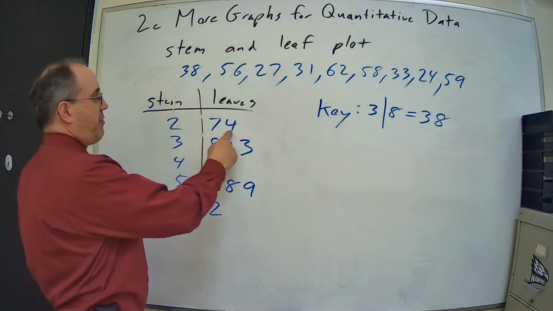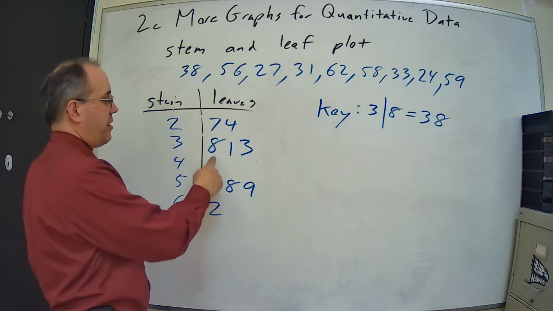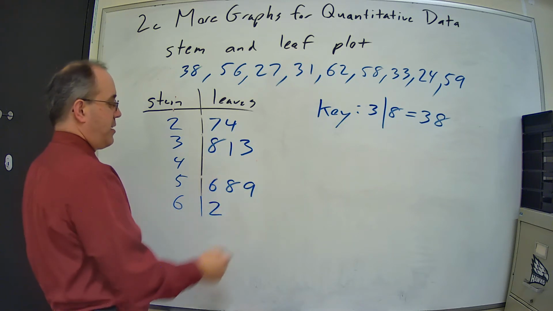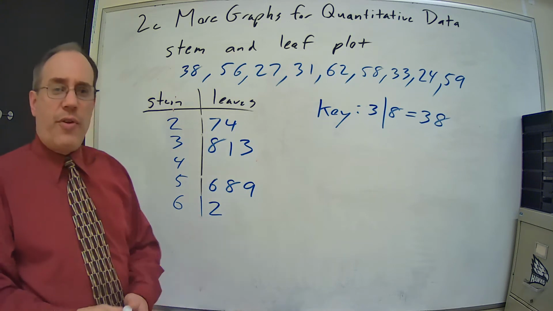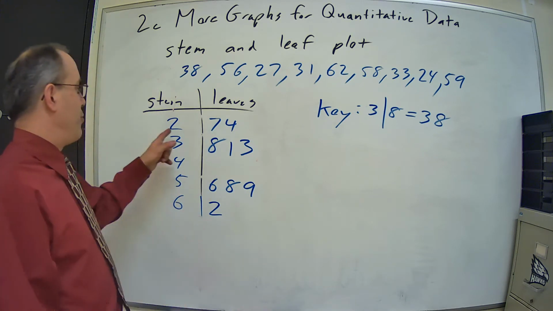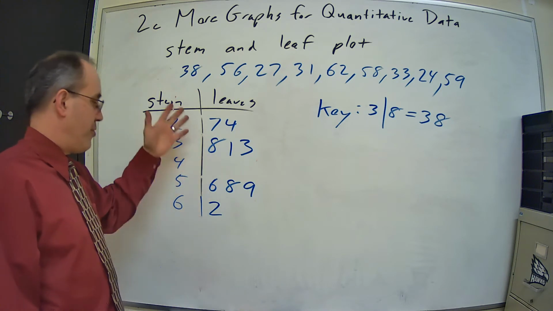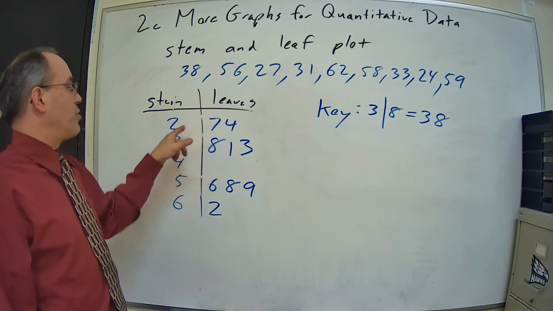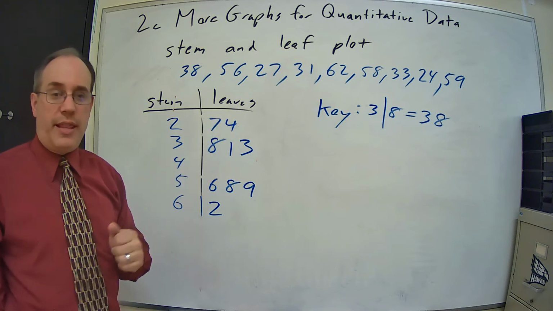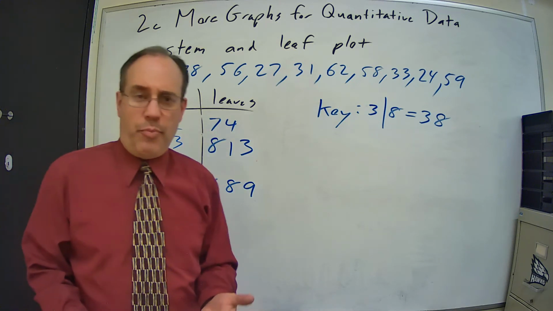So instead of being 7, 4, we put 4, 7. Instead of 8, 1, 3, we go 1, 3, 8. This one's already 6, 8, 9. That was 2. So if you have an ordered stem and leaf plot, if you were to just start reading the numbers off, you would read them all in numerical order. 24, 27, because they'd already be in that order. That's an ordered stem and leaf plot.